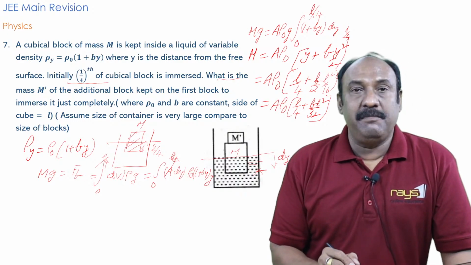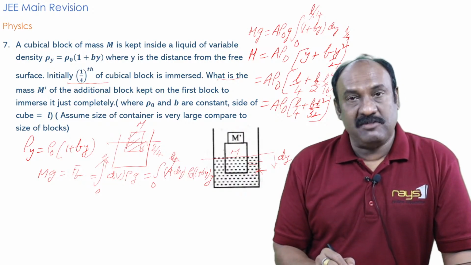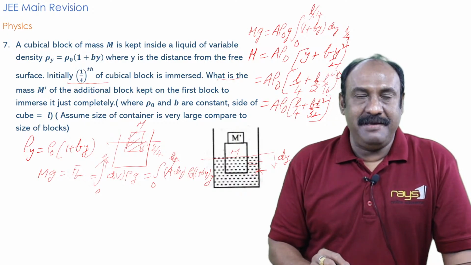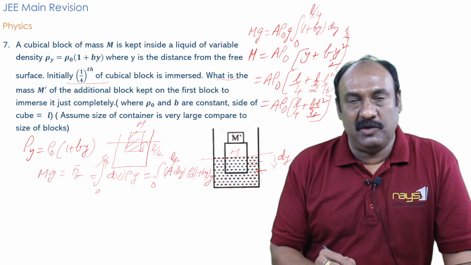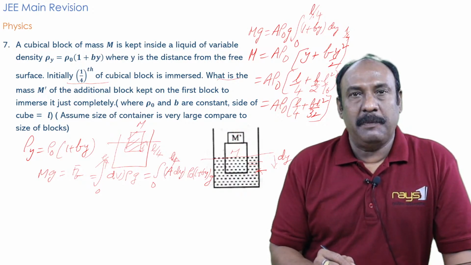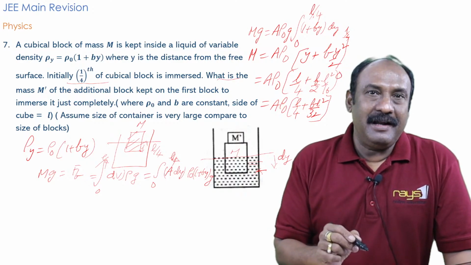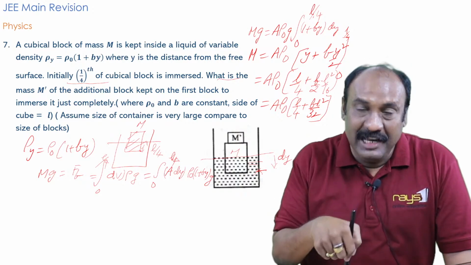When the additional block of mass m dash is kept over it, the first block is completely immersed inside the liquid. At that time the additional weight m dash g is equal to the buoyant force exerted by the liquid on the additional length of the block which goes into the liquid.